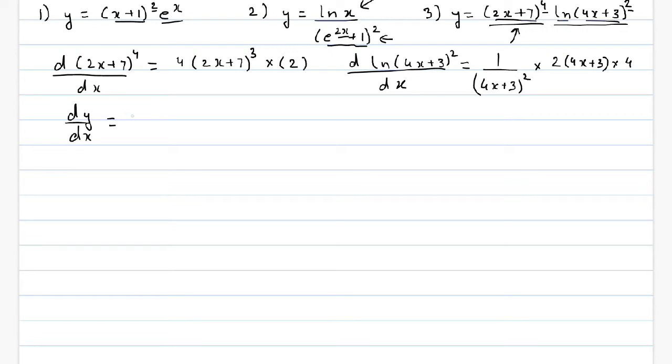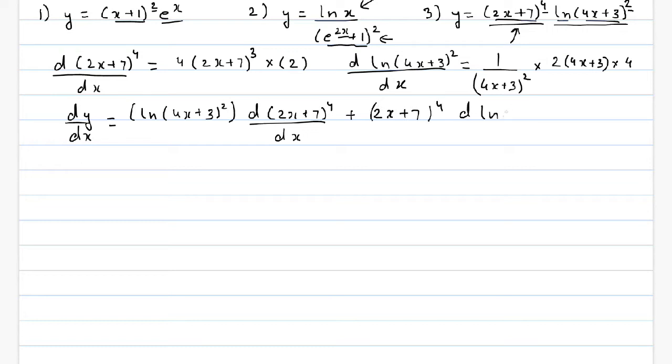Using our multiplication rule, we know that we'll keep our second constant, that will be ln 4x plus 3 whole square constant, and we'll differentiate our 2x plus 7 raised to 4 with respect to x, plus, now we'll keep our 2x plus 7 raised to 4 constant, and we'll differentiate our log 4x plus 3 square with respect to x.